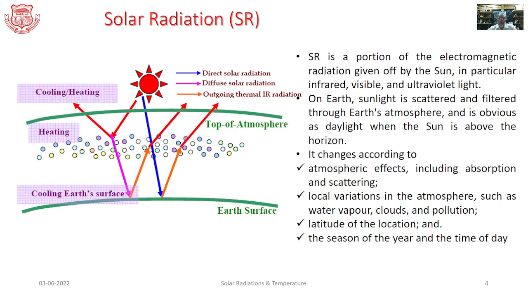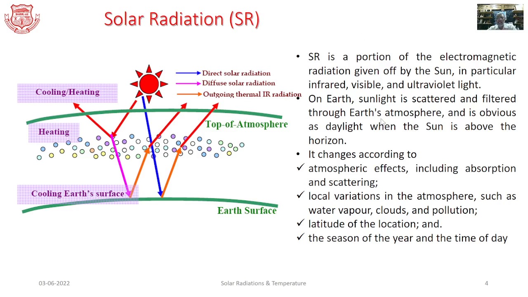Also, as the solar radiations reach the Earth's surface and are absorbed, a portion of it will be emitted back into the upper atmosphere. So accordingly, it would be outgoing thermal radiation.